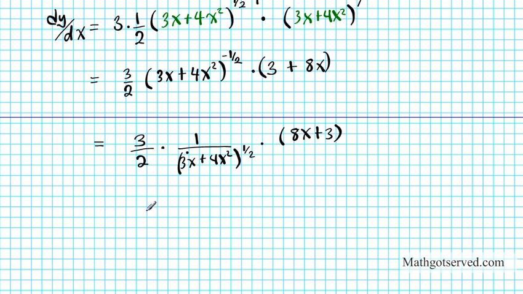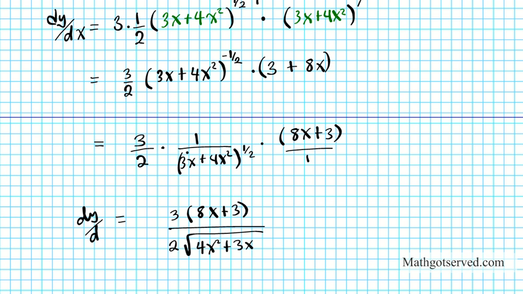And then finally, we can multiply across, putting the 8x plus 3 over 1. We're going to have in the numerator 3 times 8x plus 3, divided by, in the denominator, 2 times the square root of 4x squared plus 3x. Utilizing the commutative property of addition, the order of addition doesn't really matter, so I just switched these two around. So there goes the derivative of your function. This is basically dy/dx.